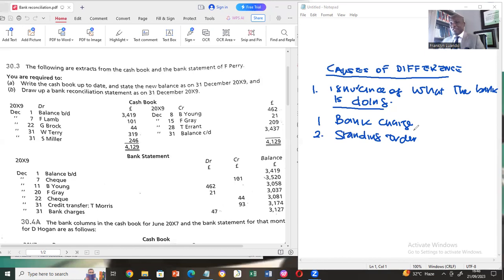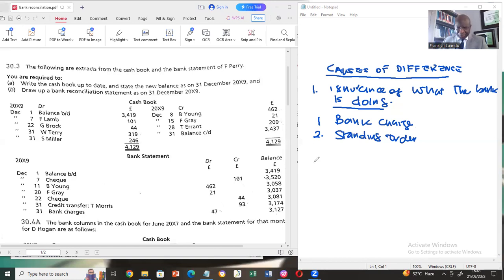That's very important. And the entity is not aware until they receive the bank statement. So the standing order payments will be on the bank statement and not in the cash book. So that will cause the difference.